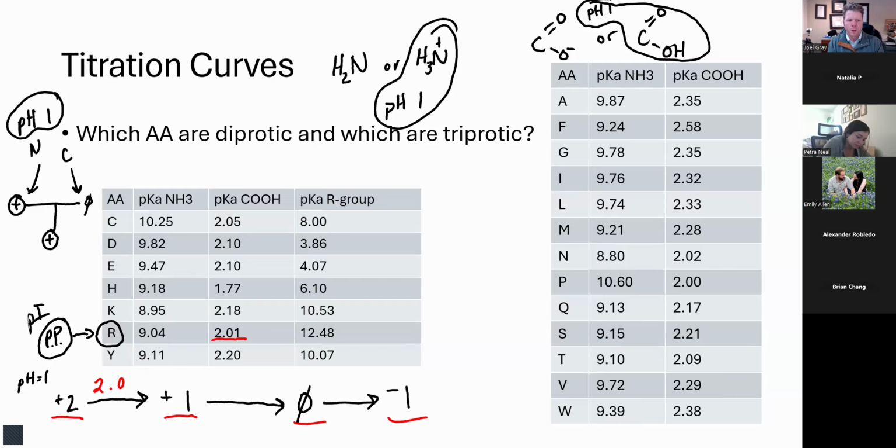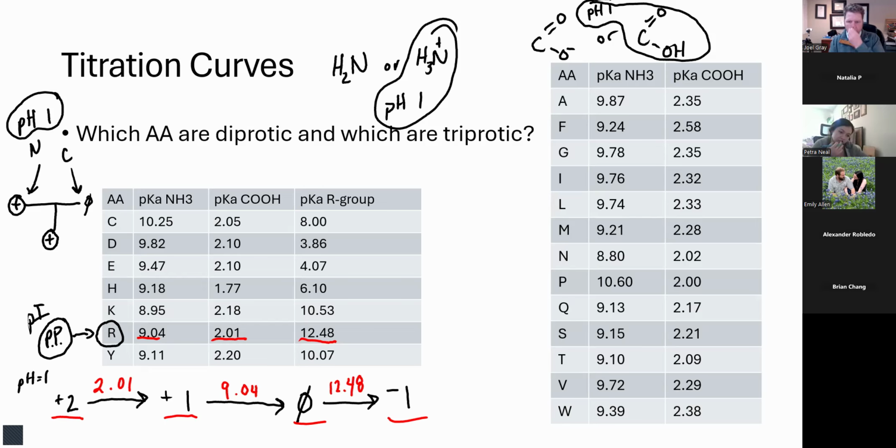So 2.01. That's my lowest pKa. My next lowest pKa for arginine, could anyone add that to the chat? After the 2.01 is 9.04. And then the last one is 12.48.